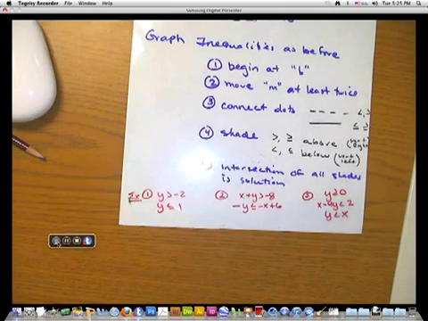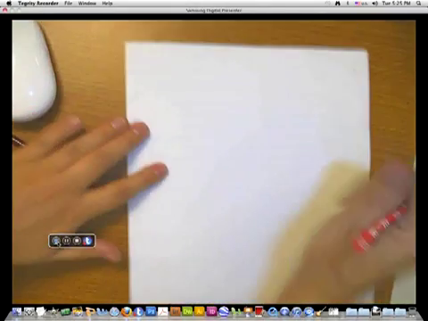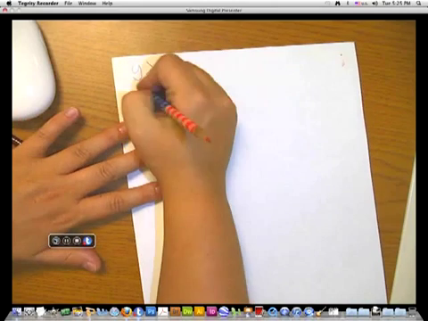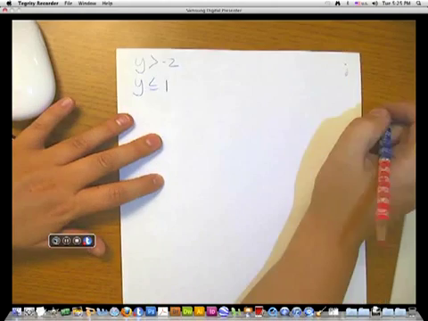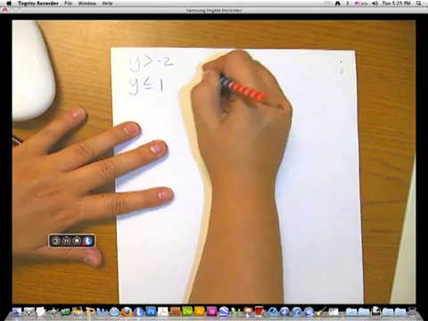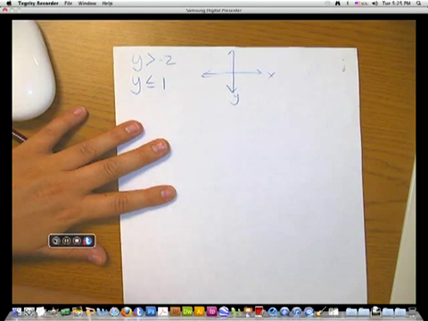So we're going to look at a few examples here. We're going to graph some and then go from there. So let's start with example number 1. We have y is greater than -2, and we have y less than or equal to 1. Hopefully we recognize that these are horizontal lines because there is no x value, it's a zero slope.